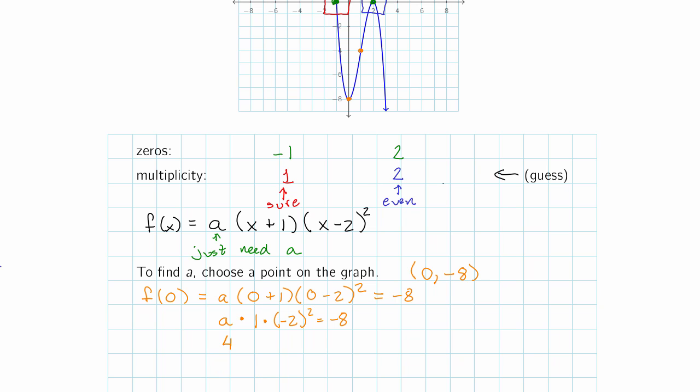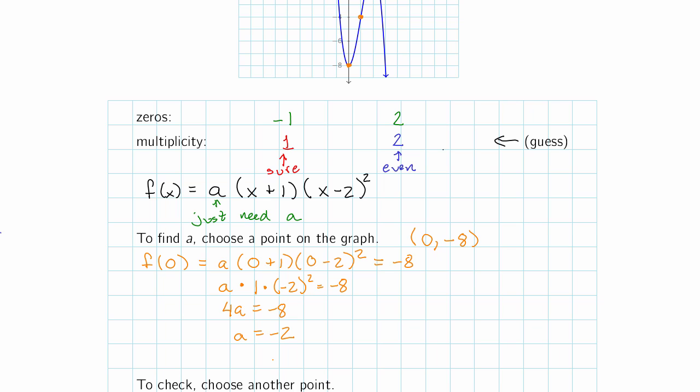So that means that 4a is -8. A should be -2. We're just plugging in what we know, and we're doing some algebra. Our guess is that f of x equals -2 times x plus 1 times x minus 2 squared.